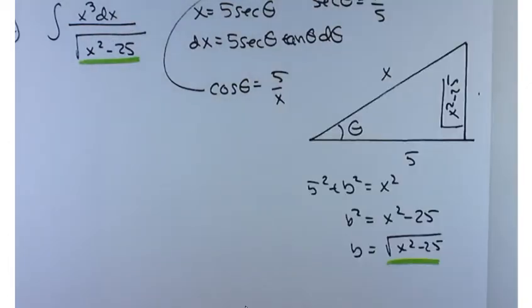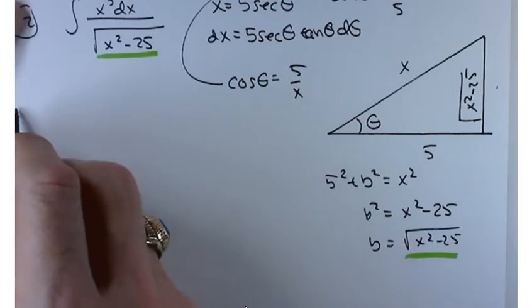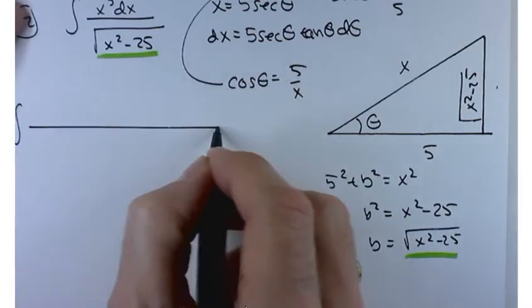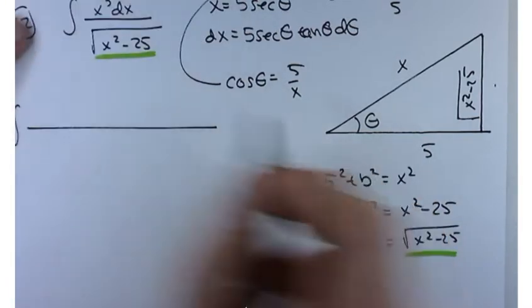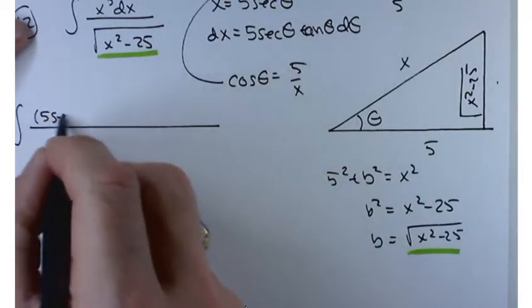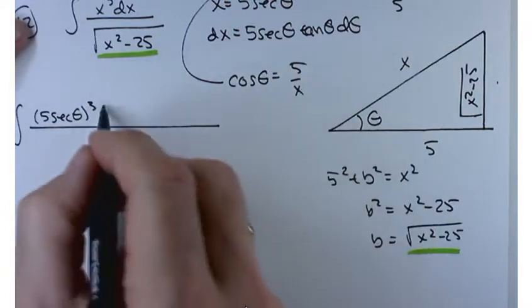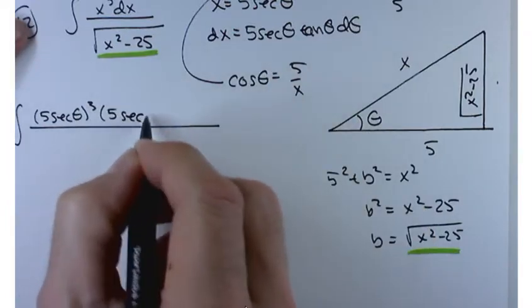Okay. Let's go through with all the substitutions then. X is 5 secant of theta, so I get 5 secant of theta cubed. Dx is 5 secant of theta times tangent of theta, d theta.